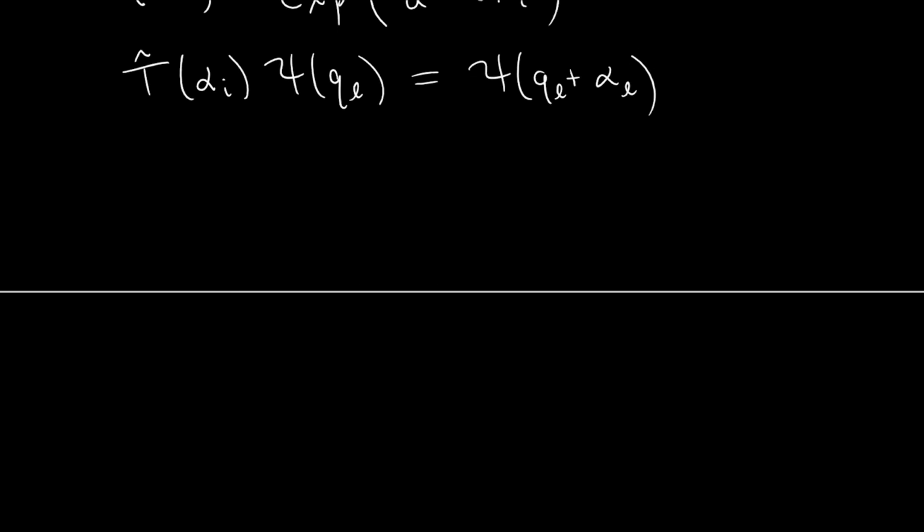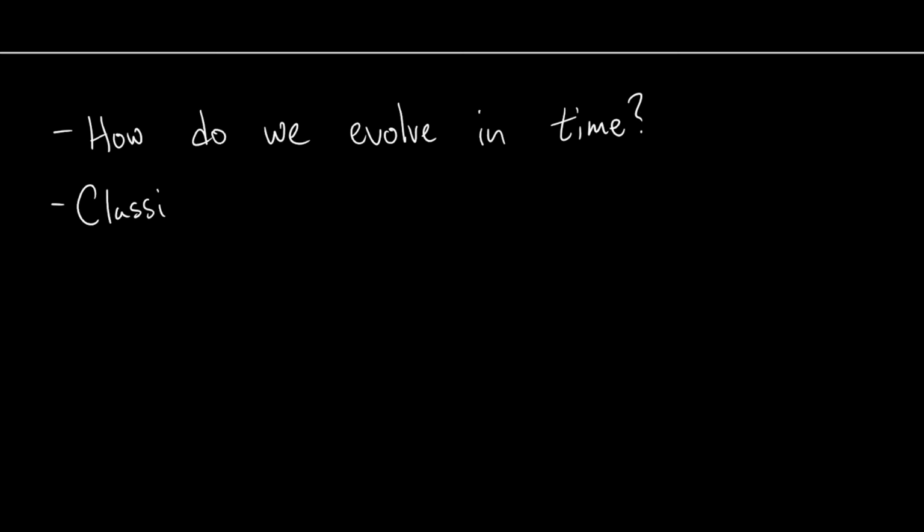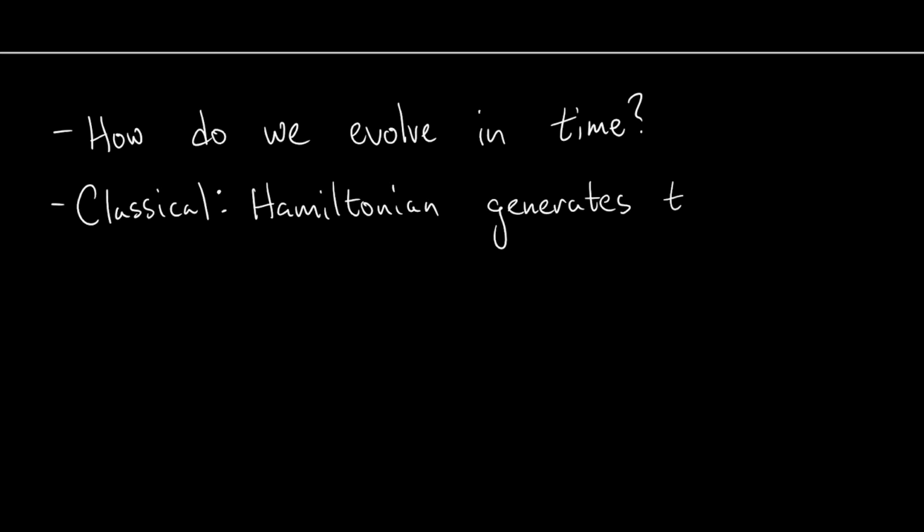So with all of this said, we can ask the question of how do we evolve in time? Well, we know that in classical mechanics, in Hamiltonian mechanics, we just saw that the Hamiltonian generates time translations.